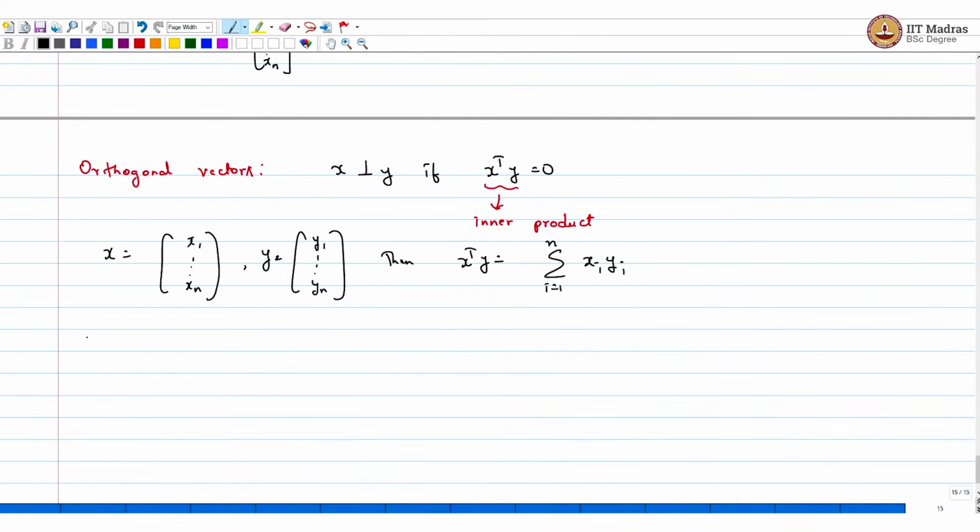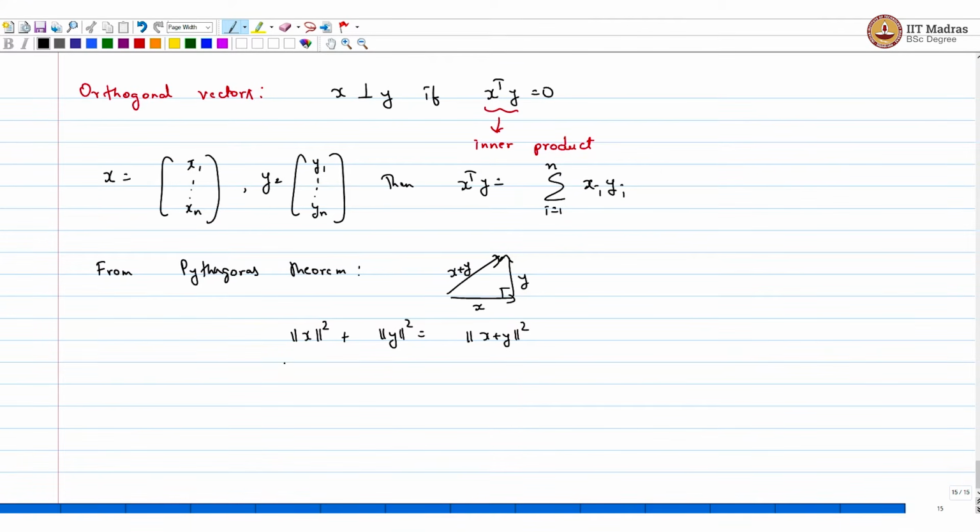So recall what you have from Pythagoras theorem: if you have a right angle triangle, say with sides x, y, and hypotenuse x plus y, the notion of right angle is that the length of x squared plus the length of y squared equals the length of x plus y squared.